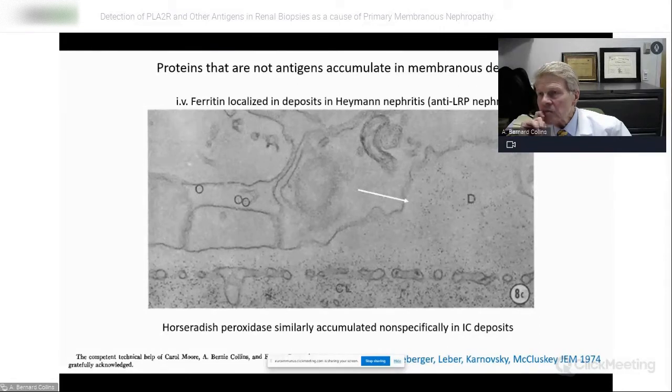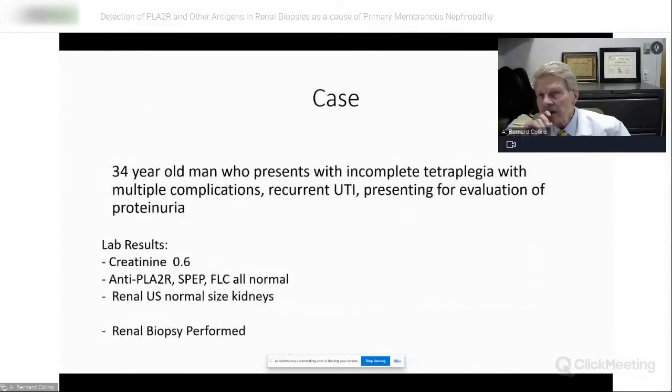It's been associated with anti-TBM disease now in humans, which we reported on in several cases. But horseradish peroxidase accumulated non-specifically in these immune deposits. So that's something to keep in mind.